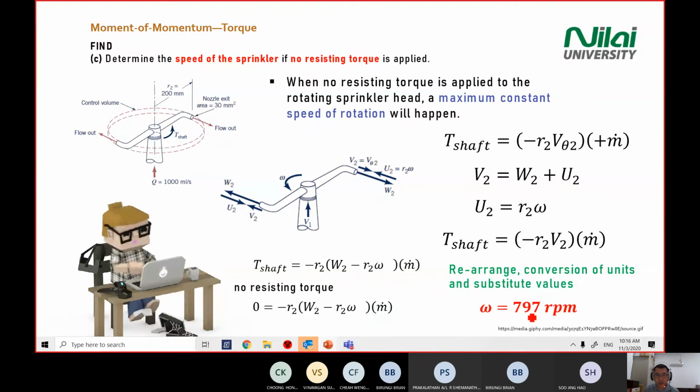You get omega equal to 797 revolutions per minute. And then sometimes the question will ask you to give it in radians per second and so on. So this is a general answer, just for you to check whether you're in the correct direction.